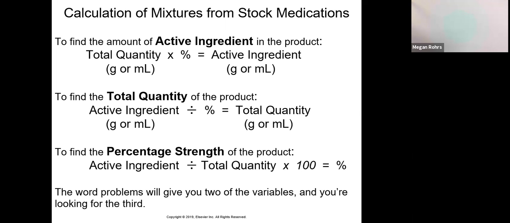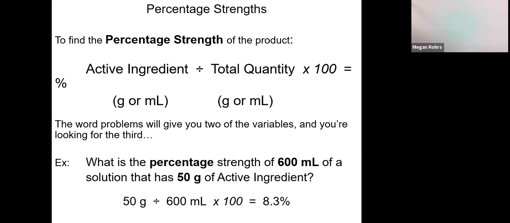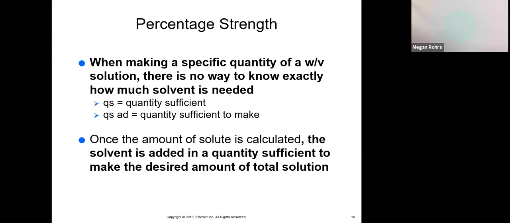But if you feel like you're more of an equation person, I didn't take these slides out. But I'm not going to go through all of these because I really want you to understand that ratio and proportion concept. So these are all examples of that.